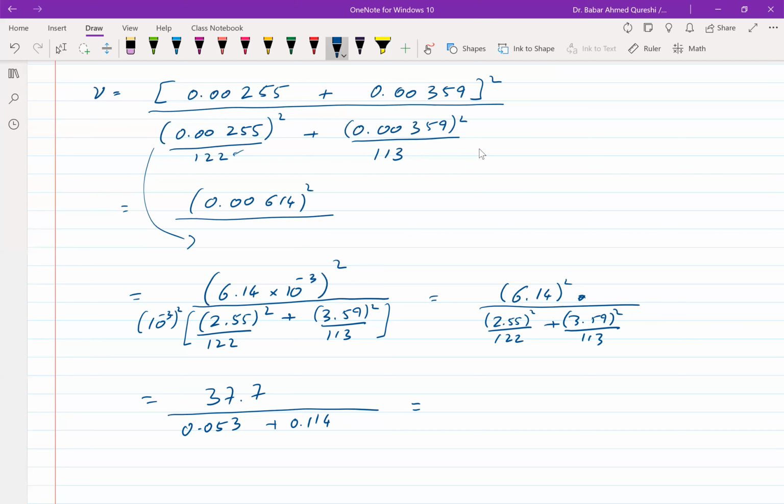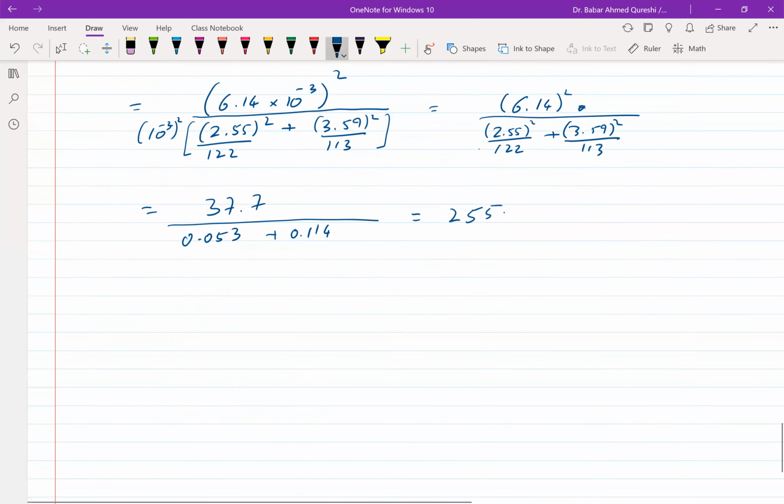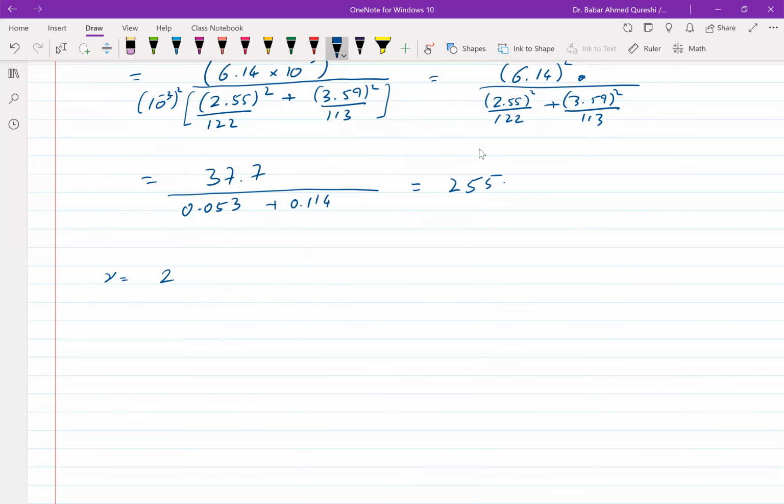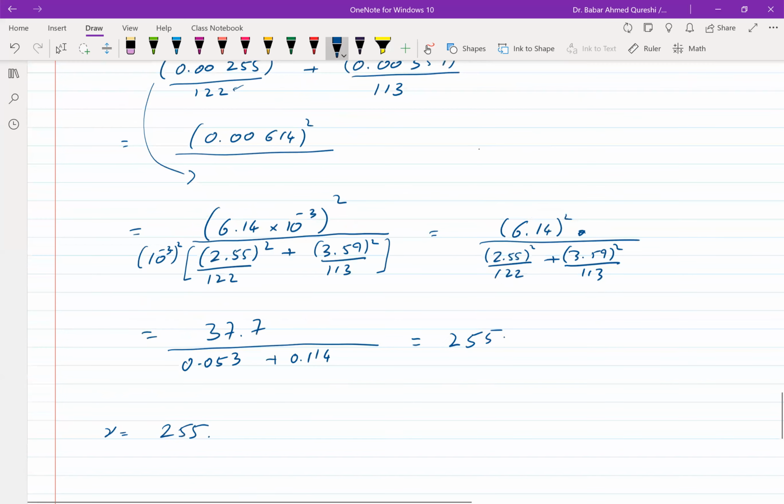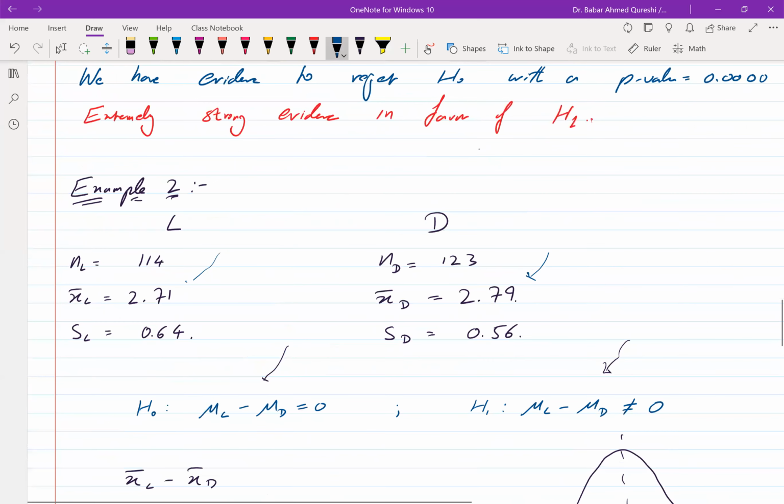So I get 255. So new is 255. So it's almost the same as the previous one.